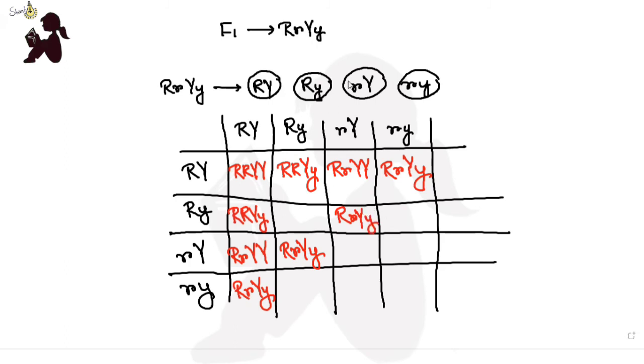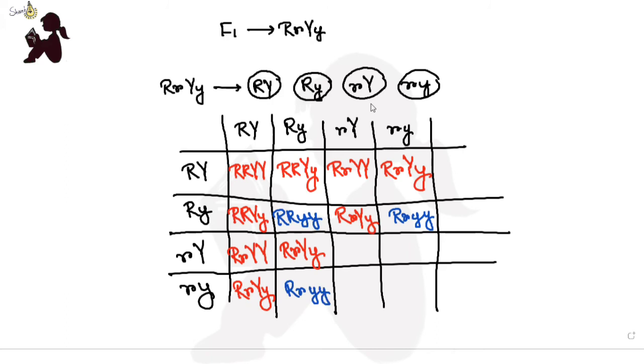In this place, the combination will be capital R capital R small y small y. Here it will be capital R small r small y small y. Here and here also capital R small r small y small y.